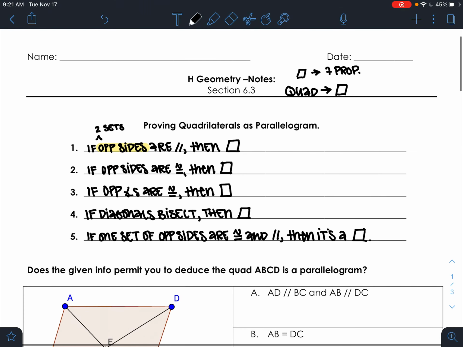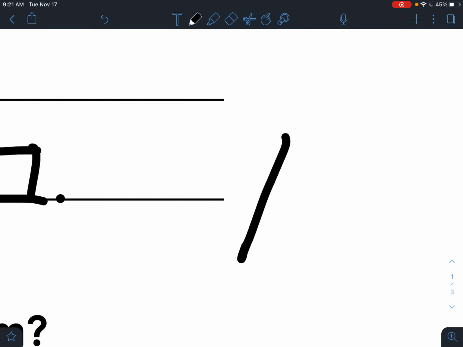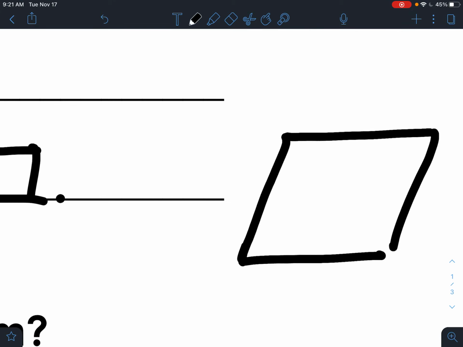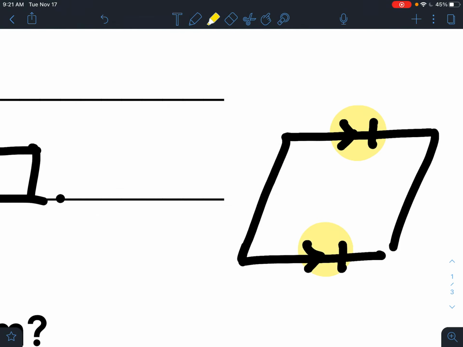So if I come up into this white space and draw a picture of a parallelogram, if I could mark the sides as both parallel and congruent like that, do you see how they're on the same side? Then I can state that that's a parallelogram.